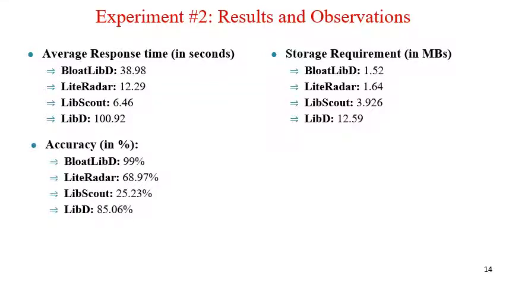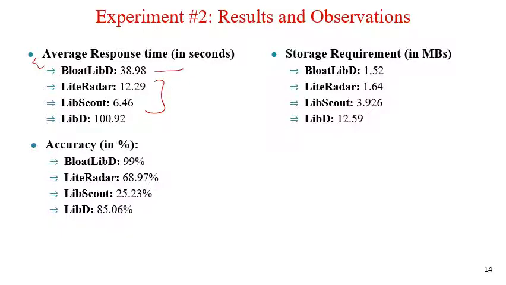Accuracy was an important metric over here, because on the basis of average response time, one may say that blotlibd is not performing well in comparison to LibScout and LightRadar. But an important metric is whether it is performing accurately or not.